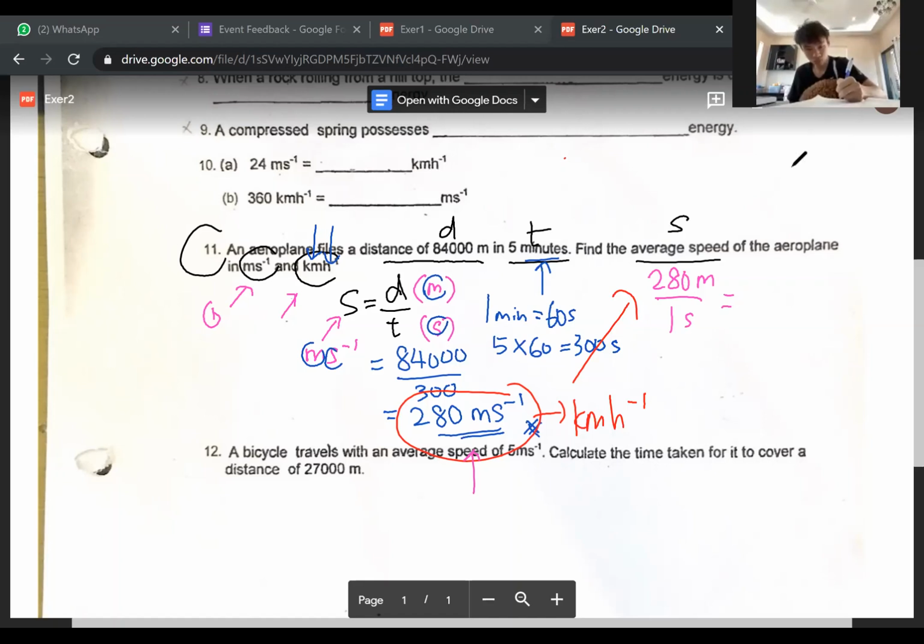Oh, my pen is lagging, wait. All right. Km per hour. So we change one by one. We change the numerator first, the one on top. 280 meter, change to km.